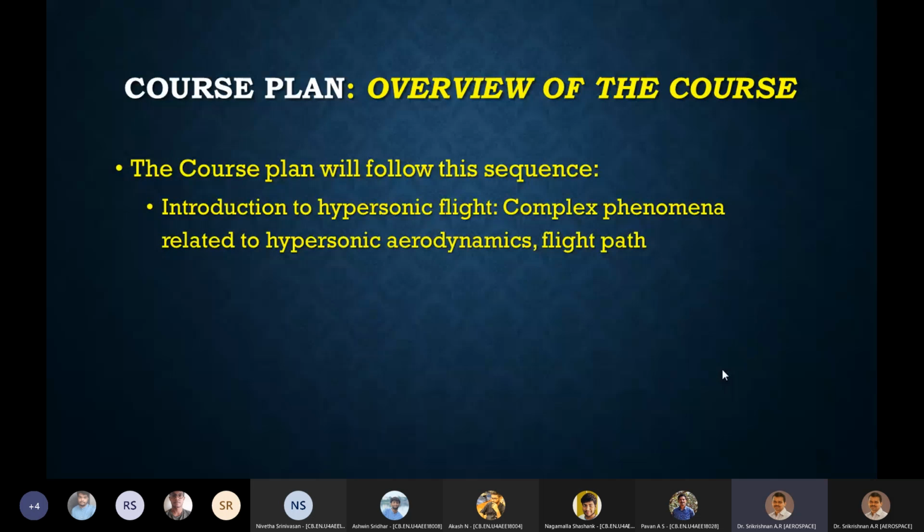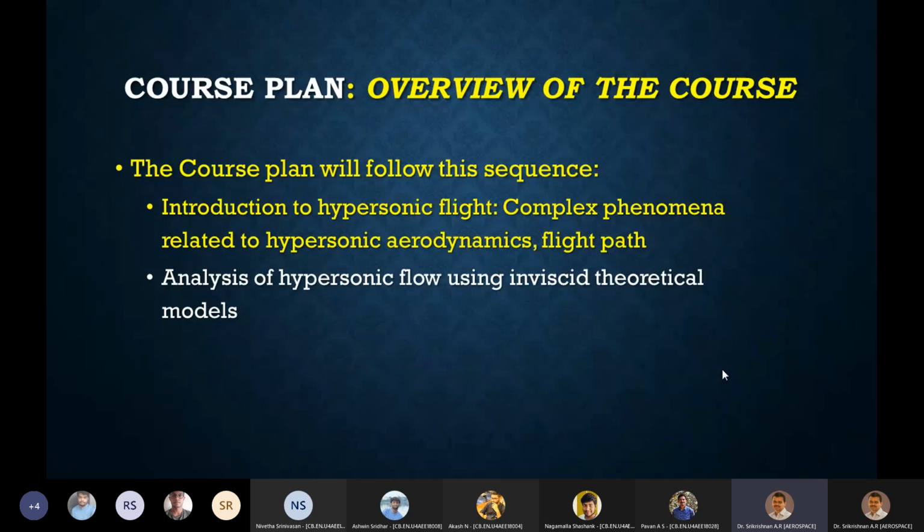And then we will look at the various analysis methods for hypersonic flow with the assumption of inviscid flow. Now, inviscid flow, as we will soon see, has a lot of importance in hypersonic flow applications, because many of the pertinent physics can be captured, or at least we can get better insight into the problem, by inviscid formulations. So inviscid formulations are important, particularly in hypersonic flows.